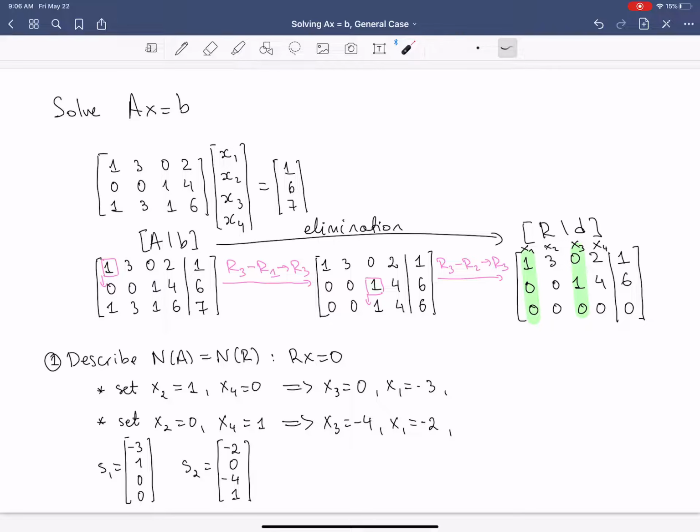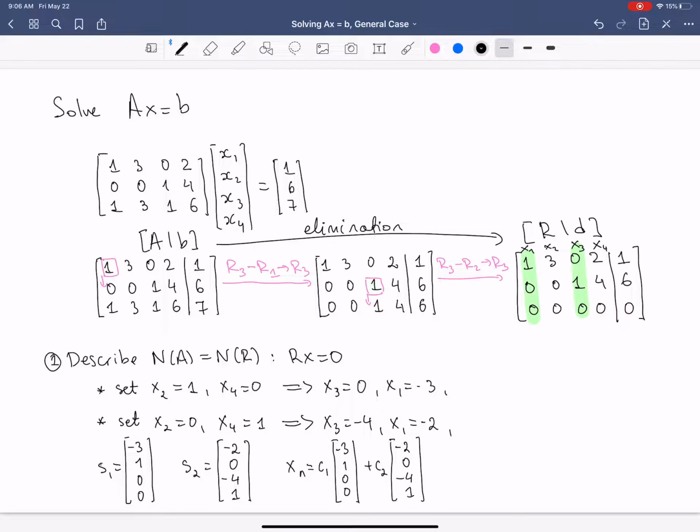So we have S1 and S2, which means that the null space solution in general terms is some constant c1 times the first vector, negative 3, 1, 0, 0, plus c2 times the vector, negative 2, 0, negative 4, 1.